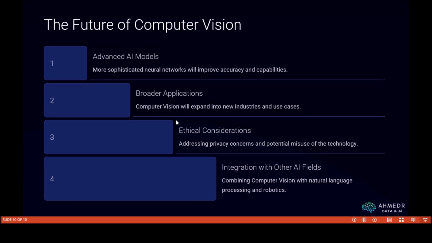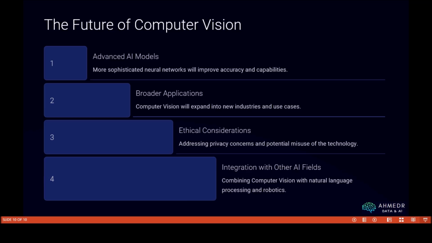The future of computer vision is very promising, especially with the development of advanced AI models that are more connected to neural networks, which will improve the accuracy and the capabilities of the AI models. Also, we expect to see broader applications that would expand the usage of computer vision into different industries, to solve real-world problems and to serve business use cases.